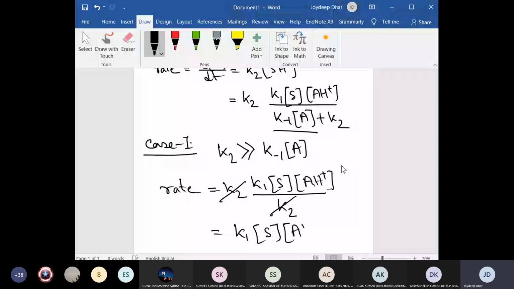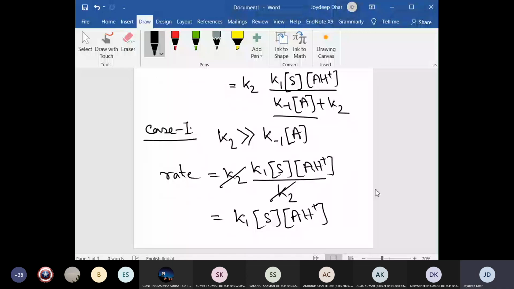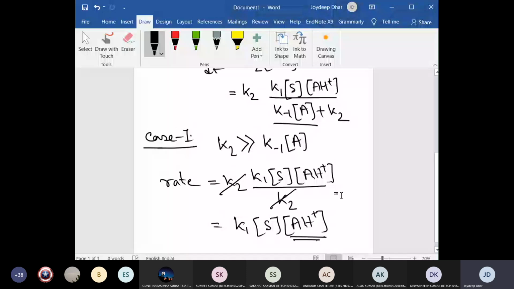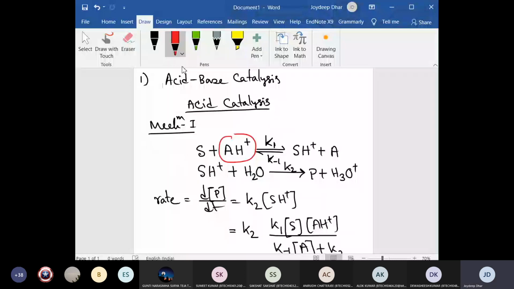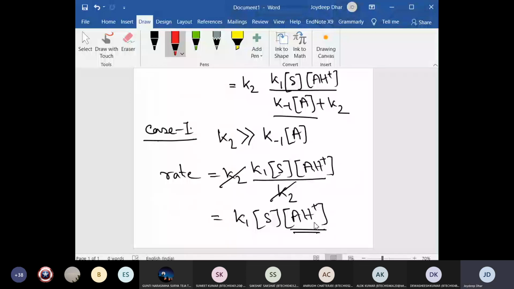So in this case you can see AH+. I already told you in the reaction mechanism that AH+, as I mentioned initially, can be water or any proton source. So in the rate equation you can see AH+ appearing. That means this can be water or any acid. When the forward reaction rate constant is much larger than the backward reaction from the intermediate, then the reaction is general acid catalysis.